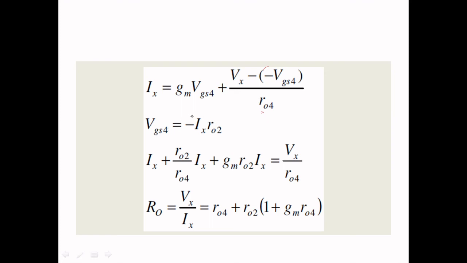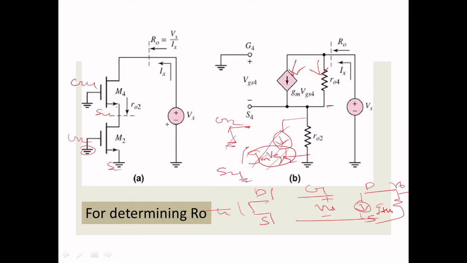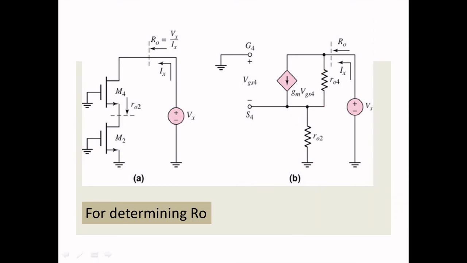Here I am introducing VGS4 equal to minus Ix r02. Why? Because I am applying KVL here. Let me erase all the notations. You apply the KVL in this part. What you'll get?